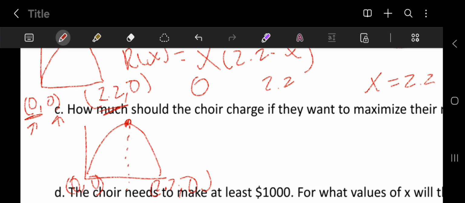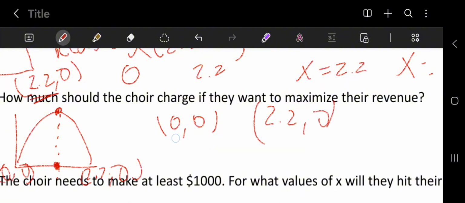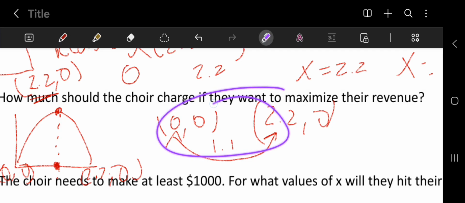So we could just find the x value for the middle of these two values. If we have (0, 0) and (2.2, 0), we need to find the middle between these two values, which is 1.1. That is half of 2.2.